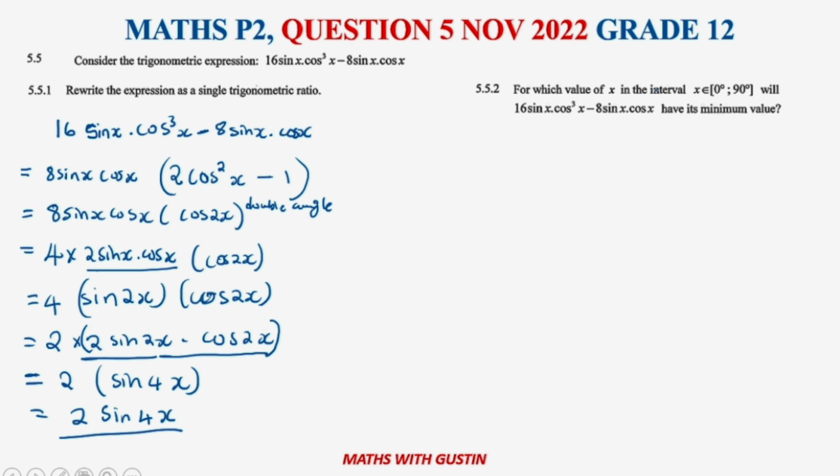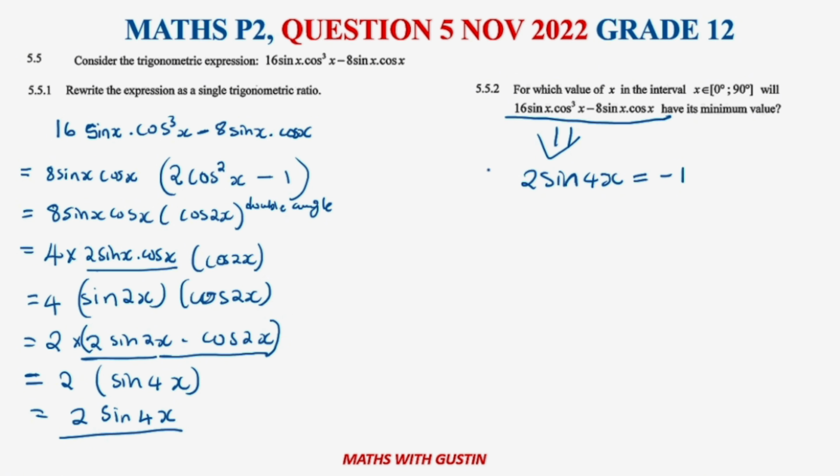Because we already know that this whole thing can be reduced to 2 sine 4x, and referring to it having a minimum value, minimum or maximum we get at negative 1 for a standard sine graph like this one here.